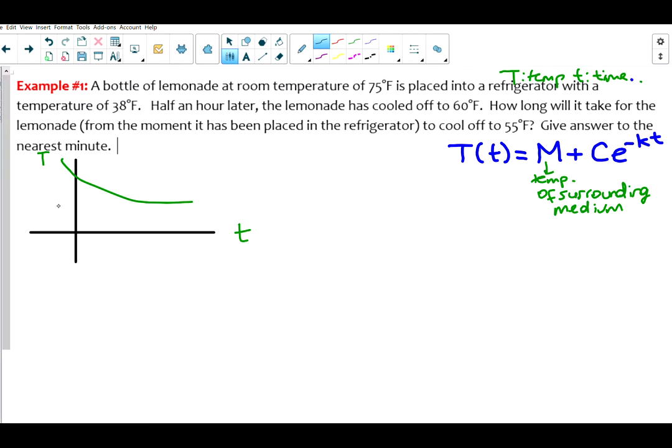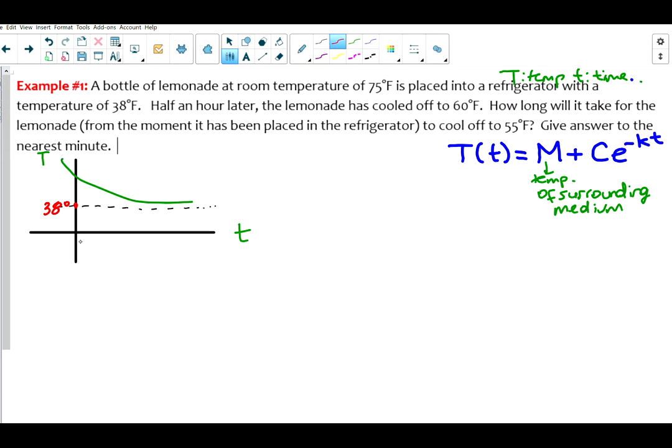And here I'm going to put a horizontal asymptote. Eventually, the lemonade, as it's cooling, is going to become the same temperature as whatever temperature the refrigerator is kept at. In this situation, the refrigerator is kept at 38 degrees. So let's just say this point is 38 degrees. Okay. So eventually the lemonade will become 38 degrees, same as the refrigerator.